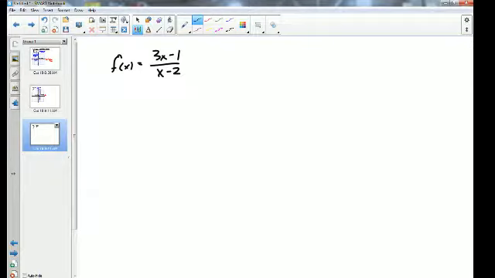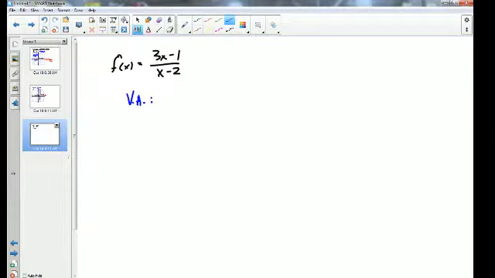Does that follow our parent function format? No, it doesn't. All right, so it's not as easy. But you can still identify the vertical asymptotes very easily here.